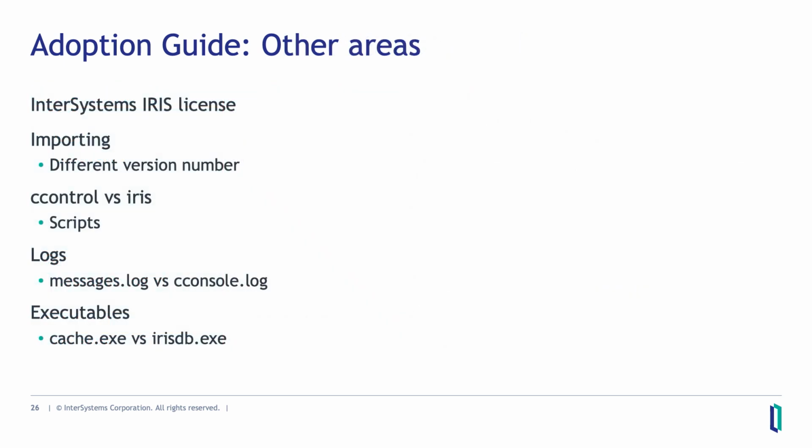So a big difference is InterSystems IRIS does require its own license key. If you want to do this with InterSystems IRIS, you can take advantage of one of the things that we're shipping for free. There's a try example that you can get. You can use the community edition.